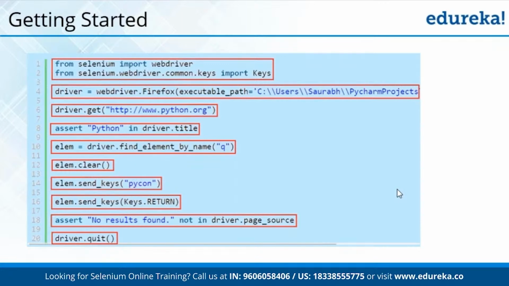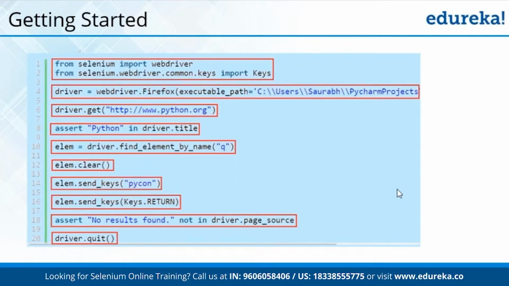elem.clear. So basically what we are doing is we are defining a name for this particular element. This element means any element we are talking about; we are first trying to give a name to it, and then we are saying clear the field, and then we ask it to type in the field.